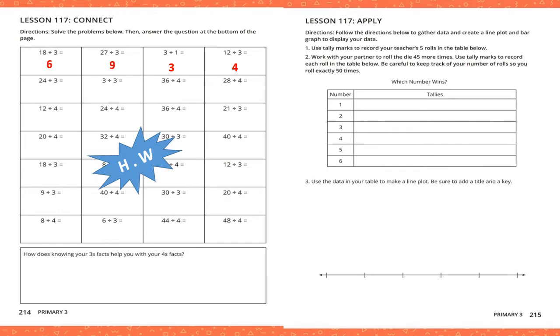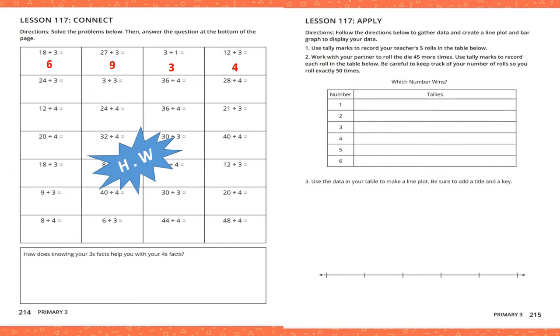Next, turn the page to 115. Lesson 117. Direction: follow the direction below to gather data and create a line plot and bar graph to display your data. Number 1 here, use tally marks to record your teacher's 5 rolls in the table below. 2.